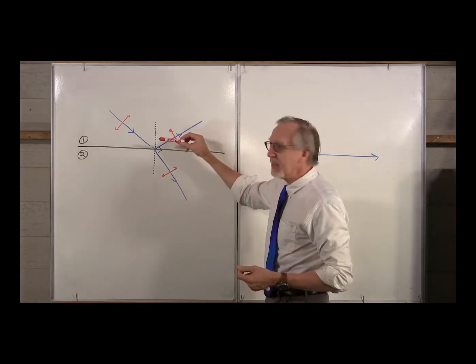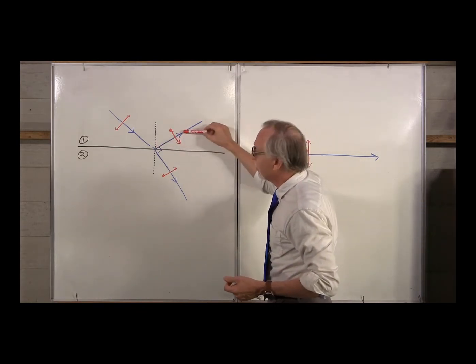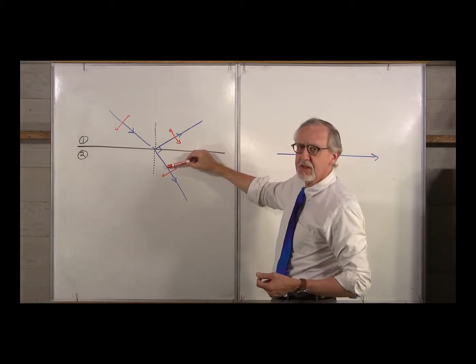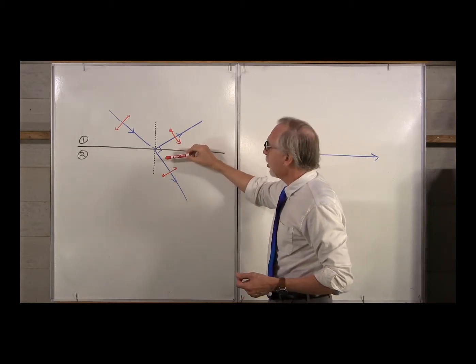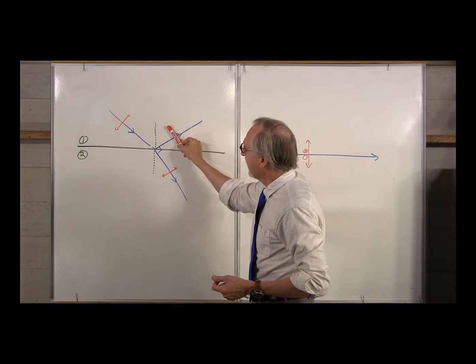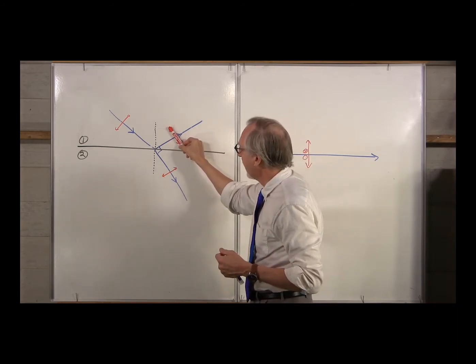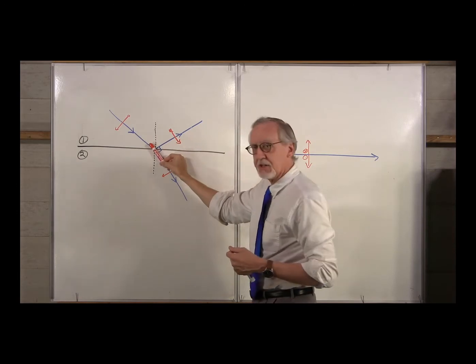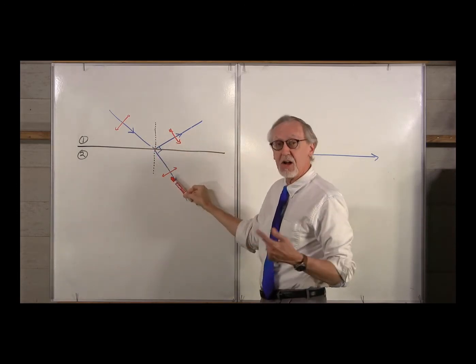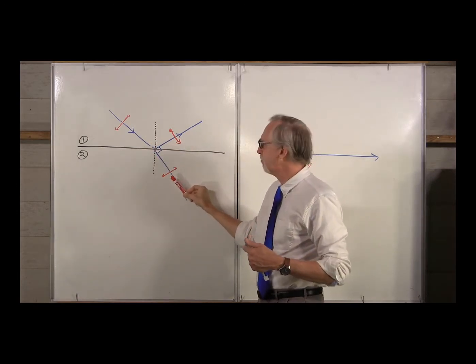We have made the assumption that the reflected ray is perpendicular to the refracted ray. So this part of the electric field that is not the part going in and out of the board, but perpendicular to that, would be in the same direction as the direction of the refracted ray.